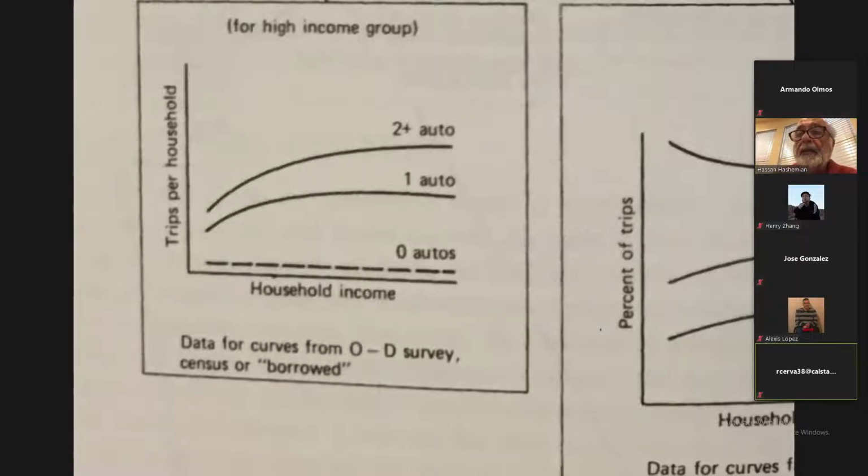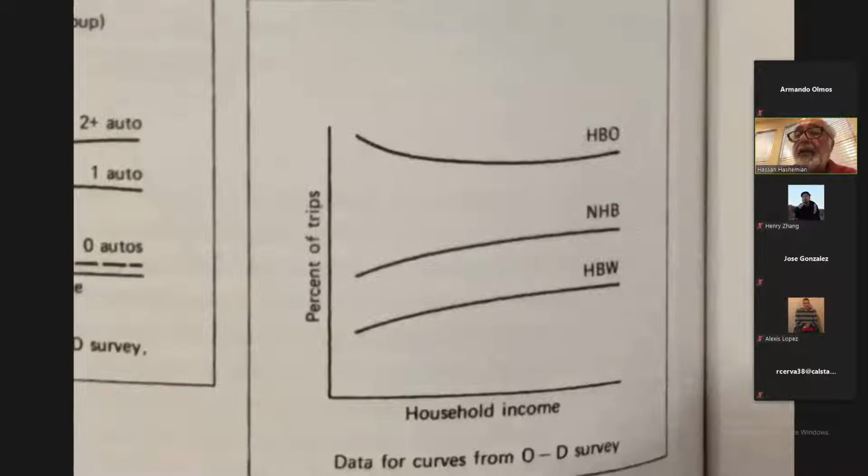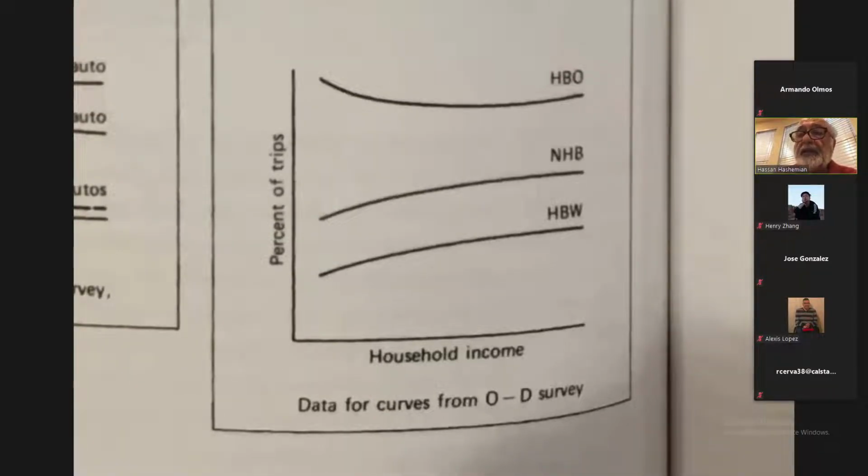All right. Then the next thing is this graph. This graph is giving you percentages of the trips by purpose. You remember we talked about the purpose of the trip? One was what? Home-based work trip, HBW.